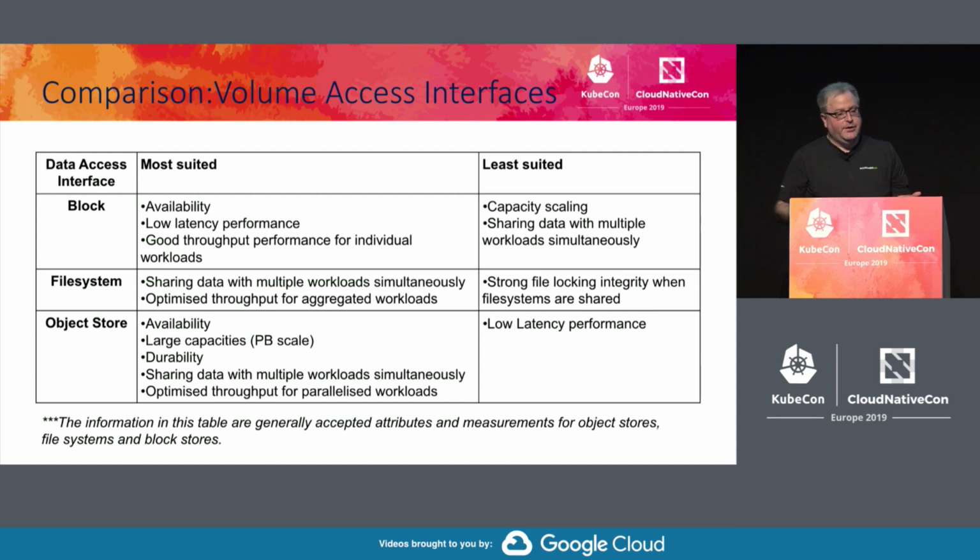Object stores tend to be very optimized for capacity, durability and availability. Object store architectures are designed to have lots of copies or support features like erasure coding to provide large capacities with good durability. But typically, all of that architecture comes at a low latency performance overhead.